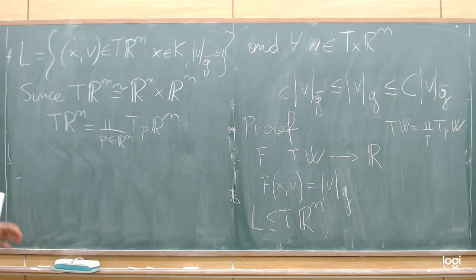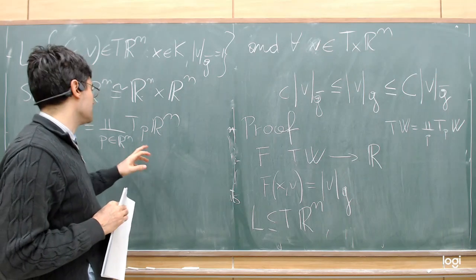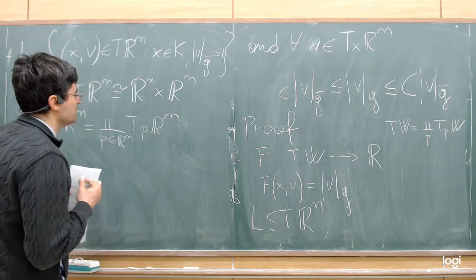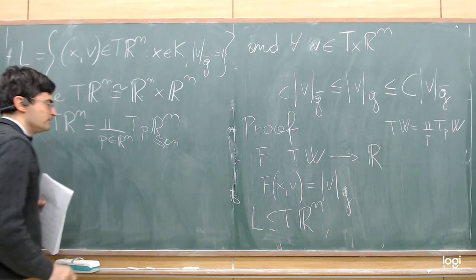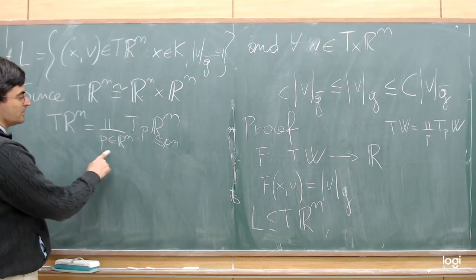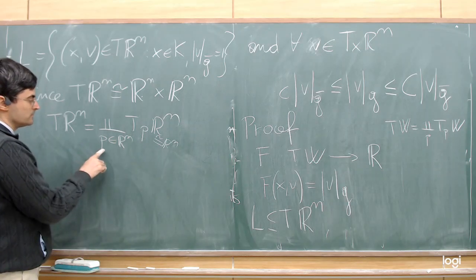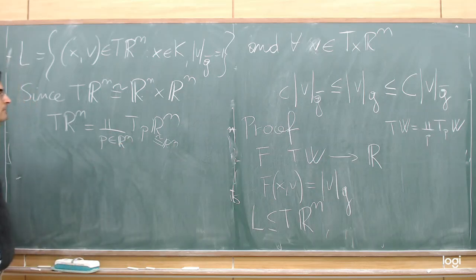Now it is intuitively clear at least that T_p R^n can be identified with R^n, and here you have the disjoint union where p can be any point in R^n.